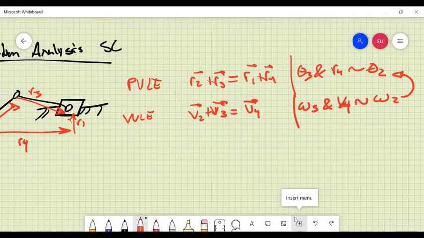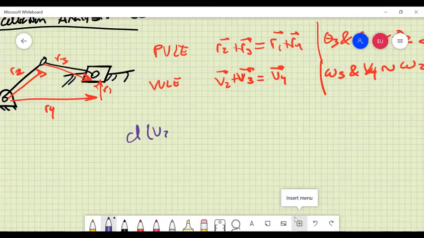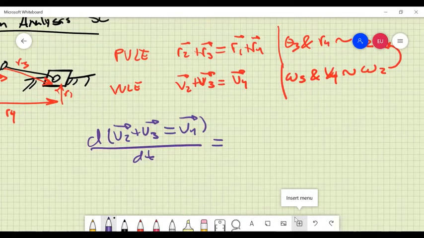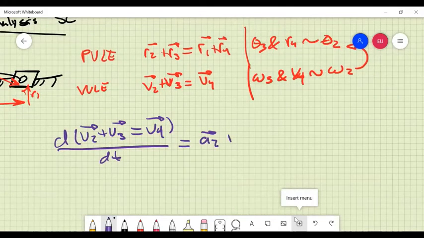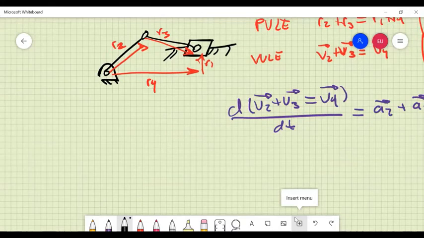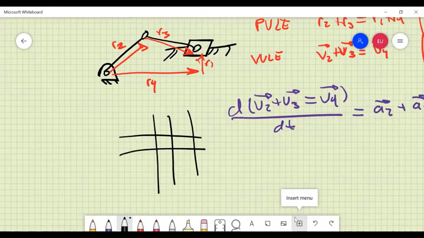So the acceleration of this thing would be, I derive that with respect to time. So I end up having these acceleration vectors. Let's do the table. I know I'm going a little bit faster than before because this is nothing different from what we did. The difference will come in a second.